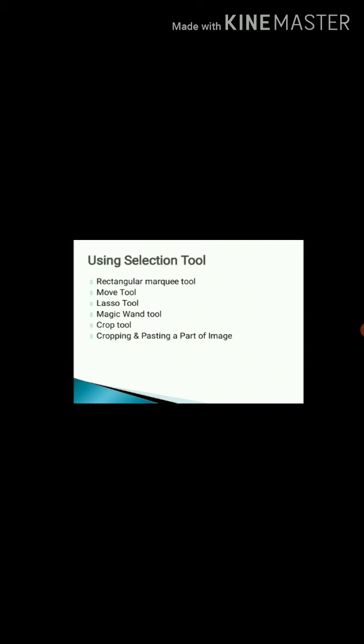When you click an area in the image with the magic wand, all the areas which have a similar color are selected. It also takes light and dark shades. If color is same but shades are different, light and dark, then it ignores that portion of image.